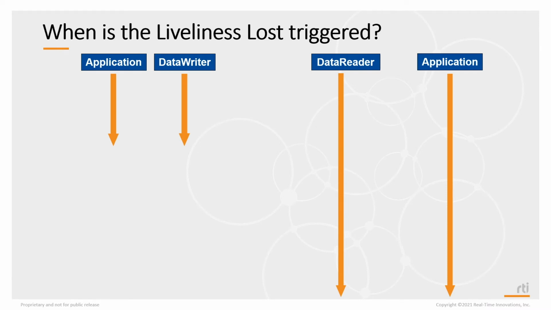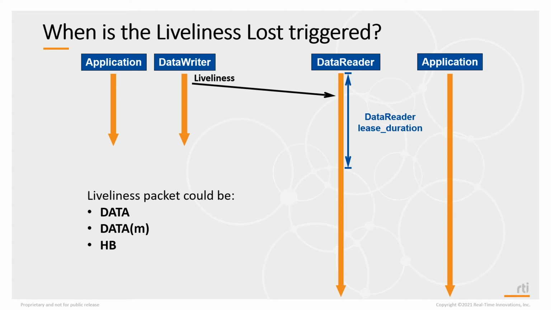So let's take a closer look at when the Liveliness Lost event is triggered, as in what's the timing for finding out when an application loses its liveliness. Here's an example. The data reader has a lease duration, which automatically gets started. As you start the data reader, it will have a lease duration, and within that lease duration, liveliness must be asserted by a packet received by the application.